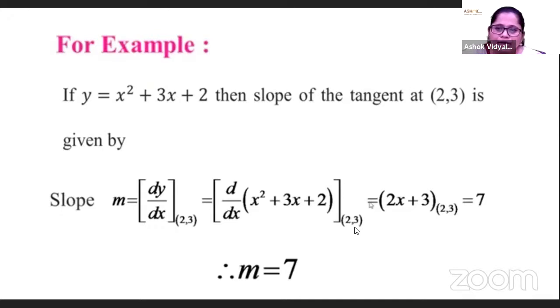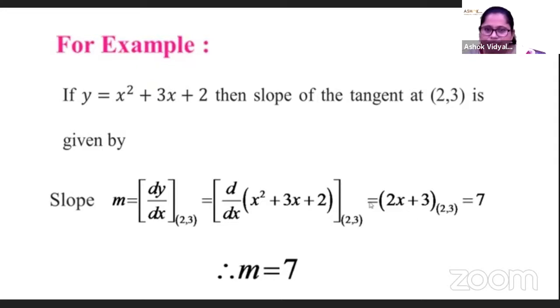We get the derivative of x square is 2x and the derivative of 3x is 3, and we find the value of dy by dx at x equals 2. That is dy by dx equals 7. In the term 2x plus 3, put the value of x as 2. Then we get the slope m is 7.